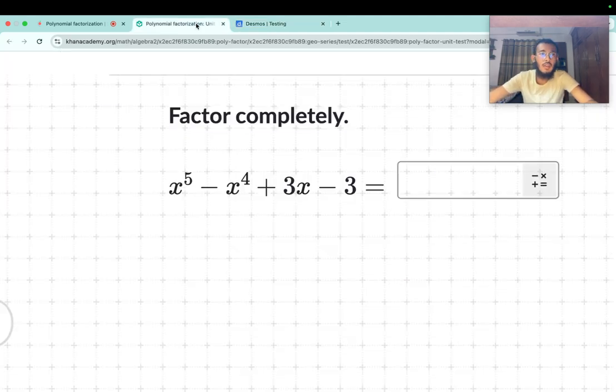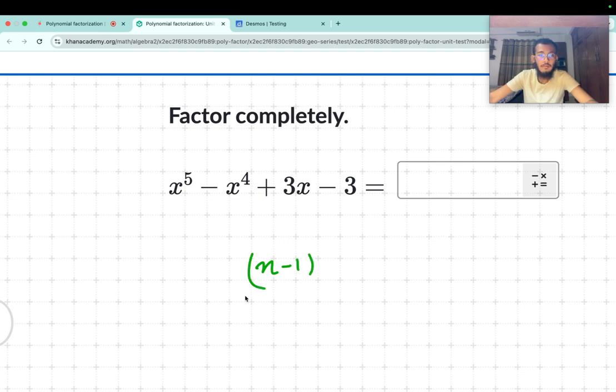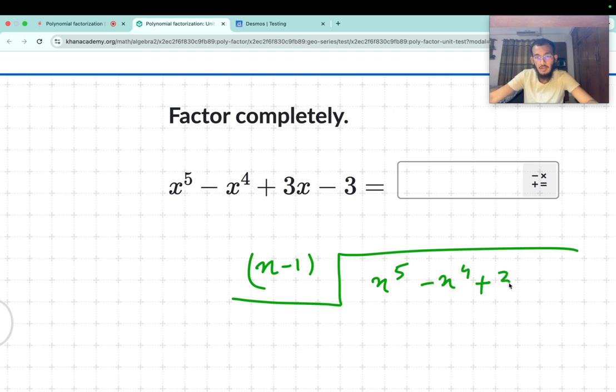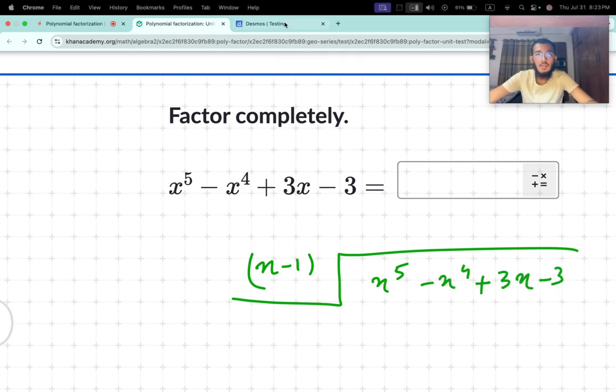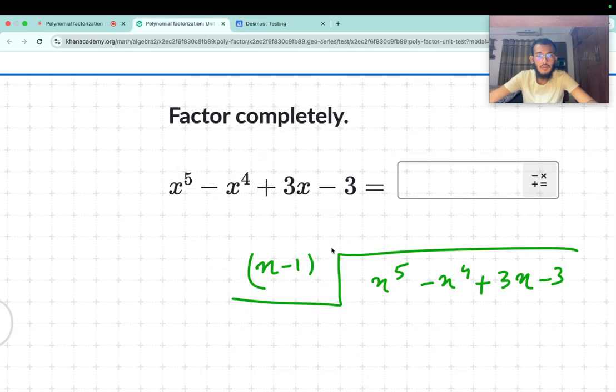So if x equals 1 is the root, then x minus 1 must be a factor. If that is the case, then we have to do long division to find the other factor, because there's only one root, x equals 1, so x minus 1.